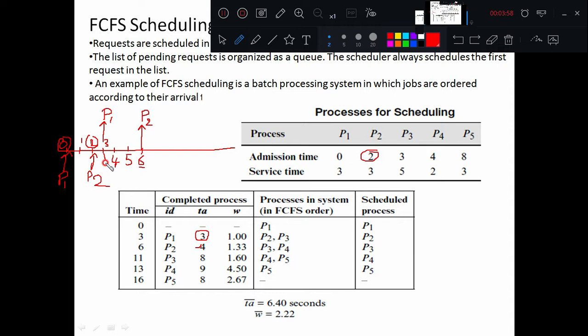Next, P3 enters at the 3rd second, and P3 is scheduled once P2 completes its execution, that means at the 6th second.